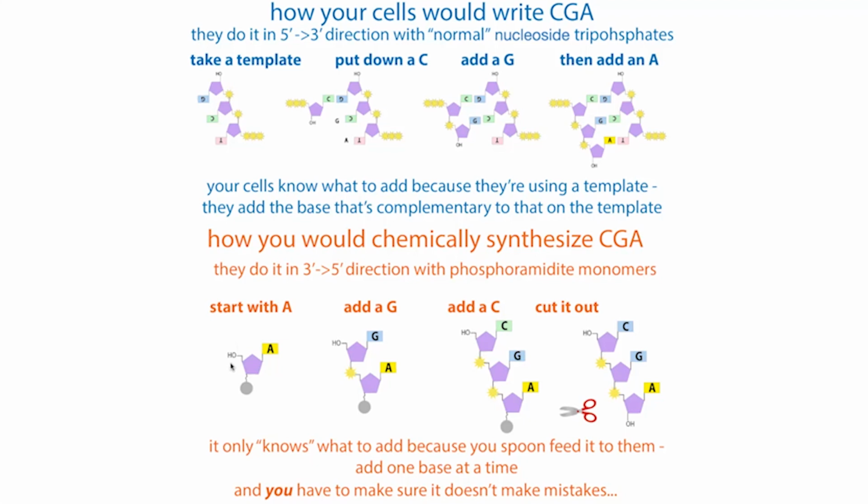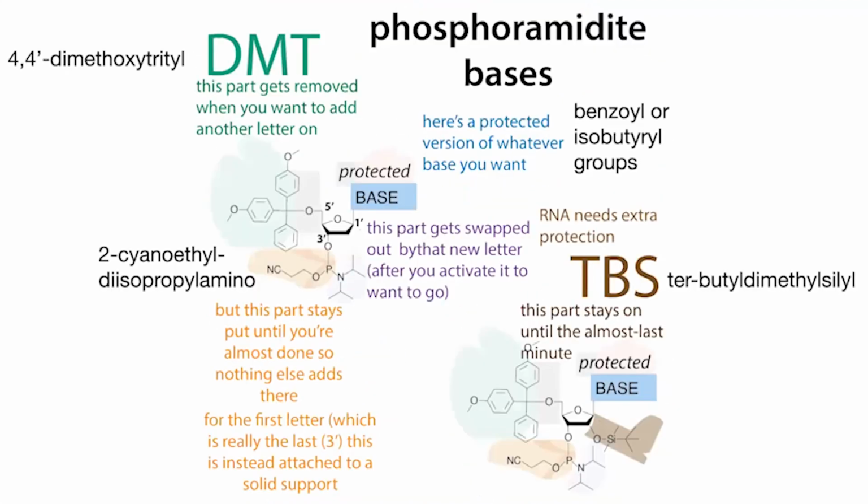But in the case of these phosphoramidites, we do have that OH at that 3' position. And this is where you're going to get addition. It's going to attack here so that you end up with this phosphodiester bond after an intermediate step.